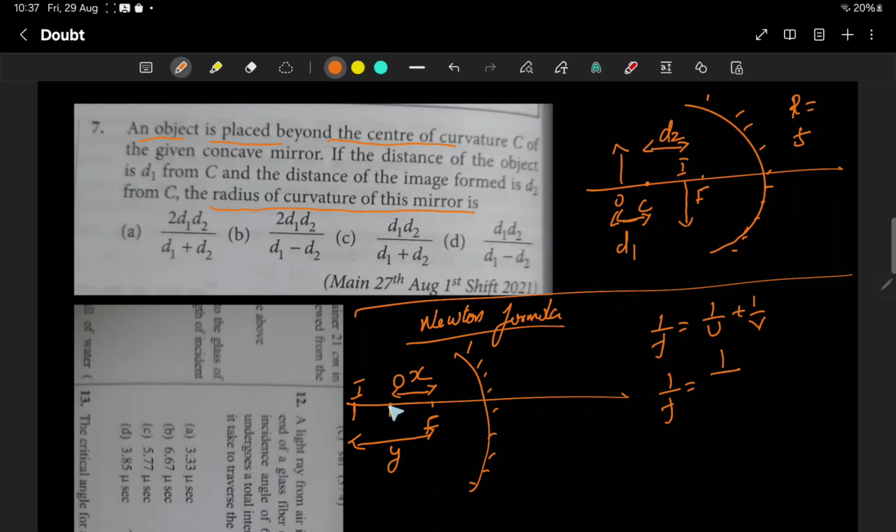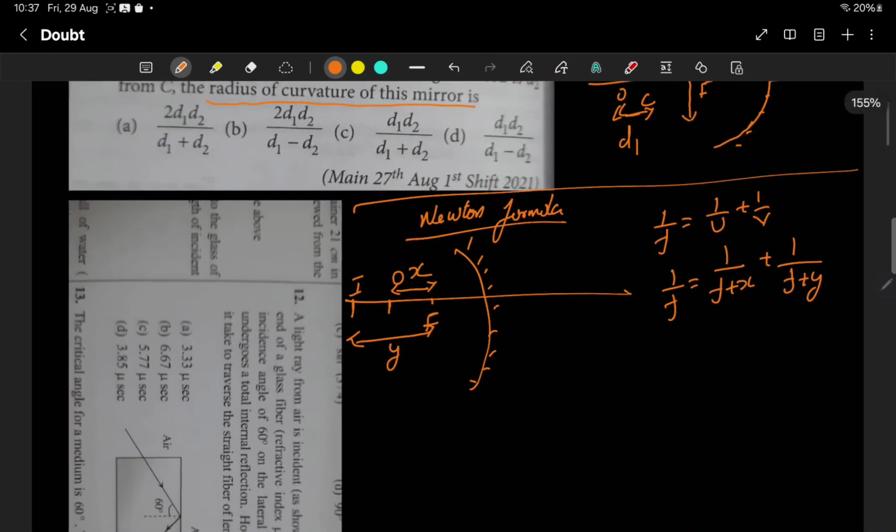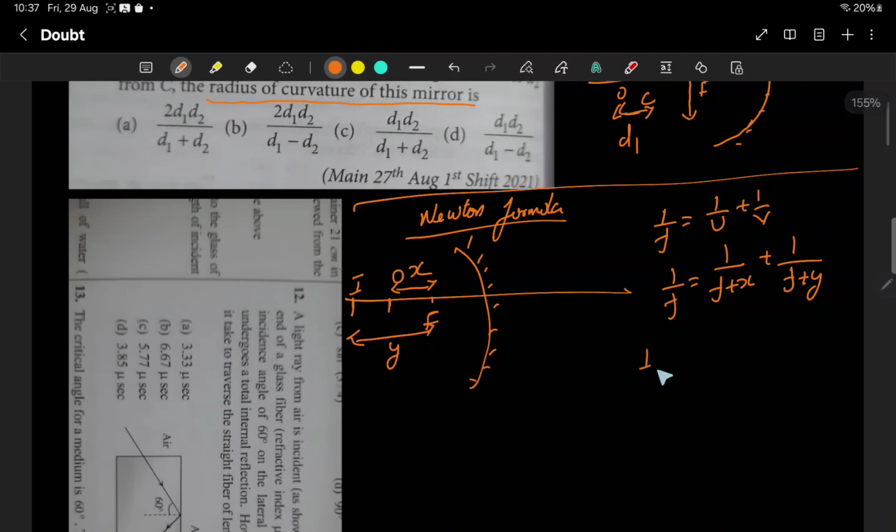1 by f is 1 by u plus 1 by v. Here the object distance is the focal length plus x, so f plus x, and v is the focal length plus y, so f plus y. If you solve this, you get 1 by f equals (f plus y plus f plus x) divided by (f squared plus fy plus xf plus xy).